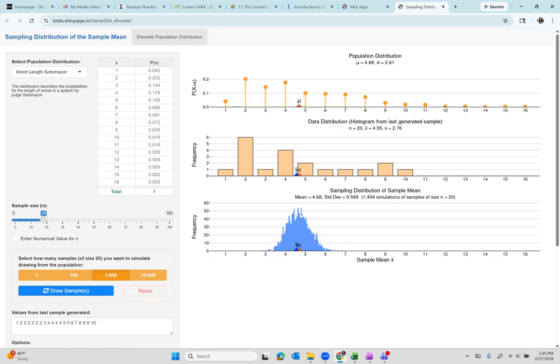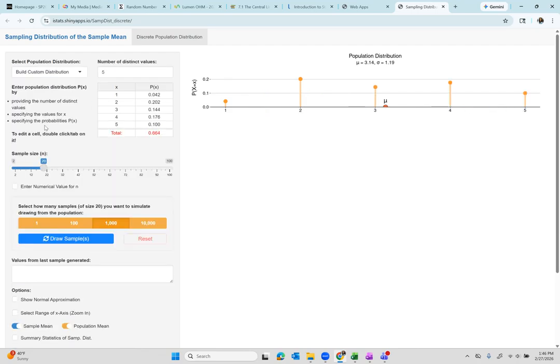What is this again? This blue graph here in the bottom is the distribution of the values of the mean length of words from samples of size 20 coming out of the population. So one option that we have here is to build a custom distribution.